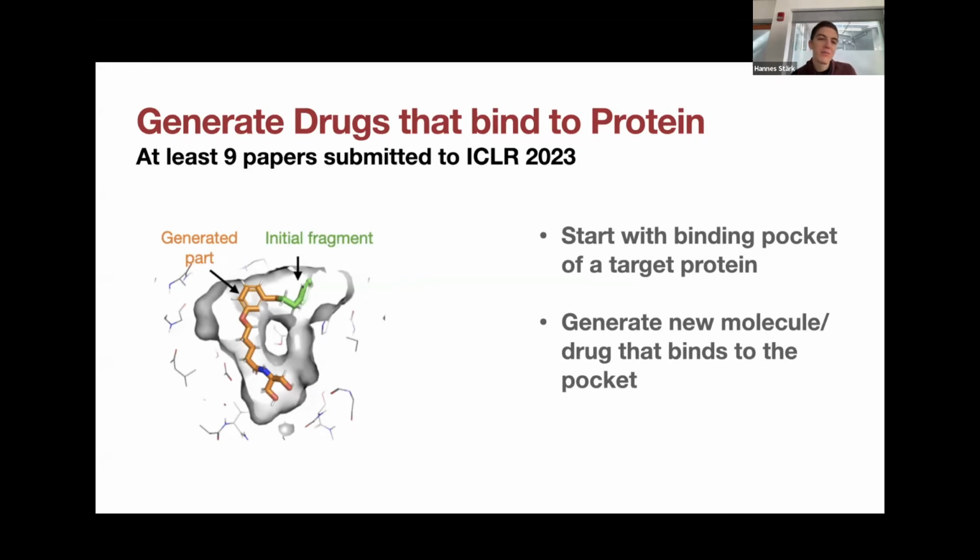And I went to search through the papers that were submitted to this conference, and I found that at least 9 papers actually did try to do exactly that, and were all working on the same problem. So you see, this is a really hot area: having a pocket of a protein and then generating the 3D structure and the atoms of a small molecule that binds to that pocket.